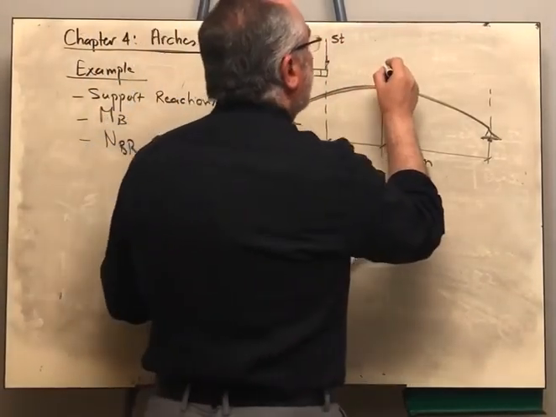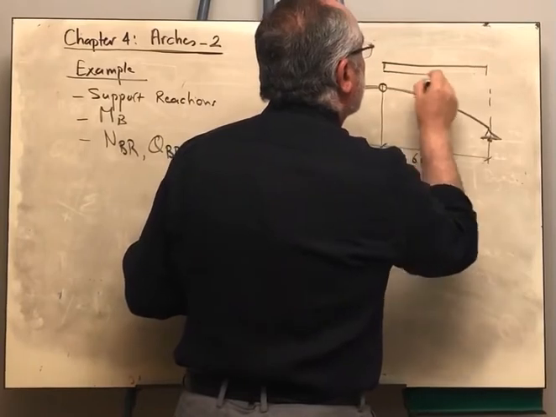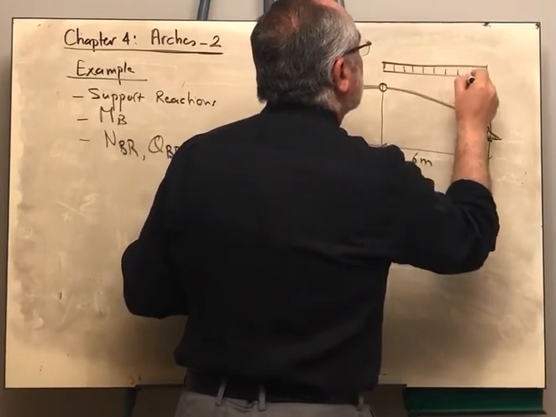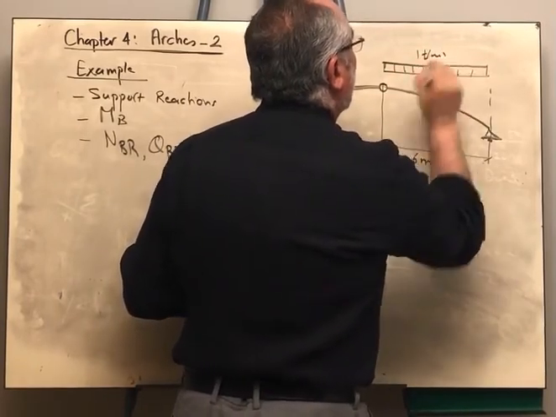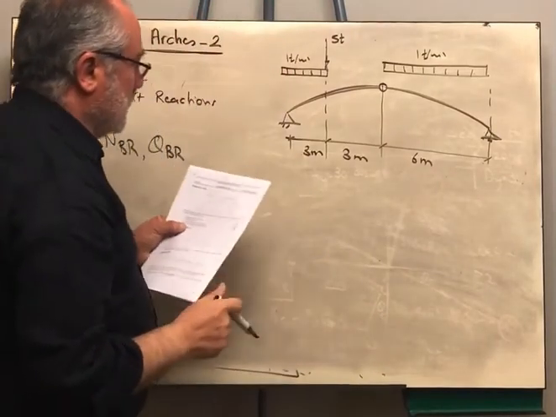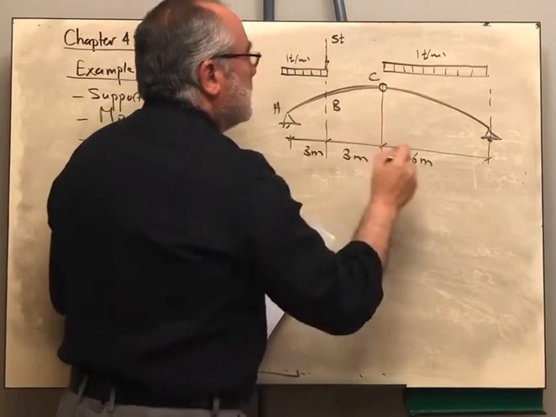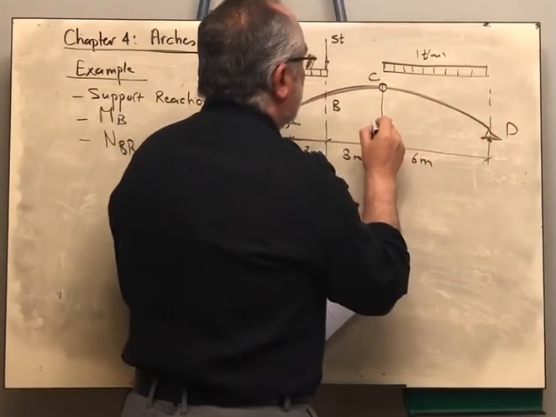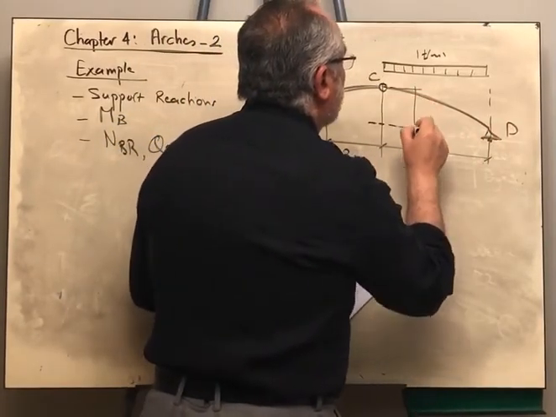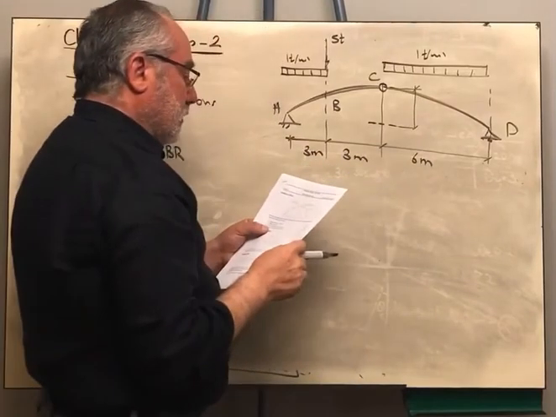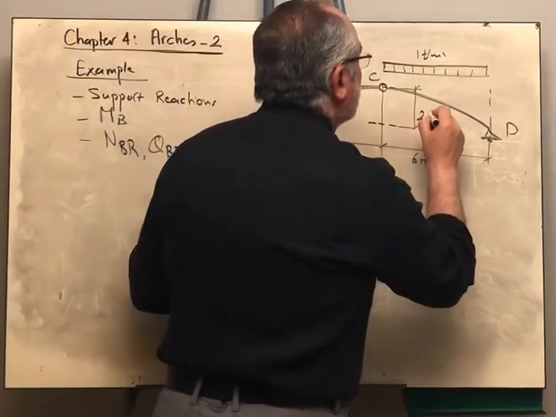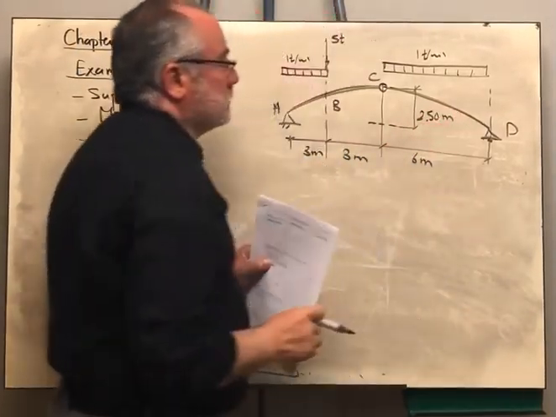And here we are having a distributed load of 1 ton per meter. This is point A, B, C, and D. The rise at point C is given, 2.5 meters.